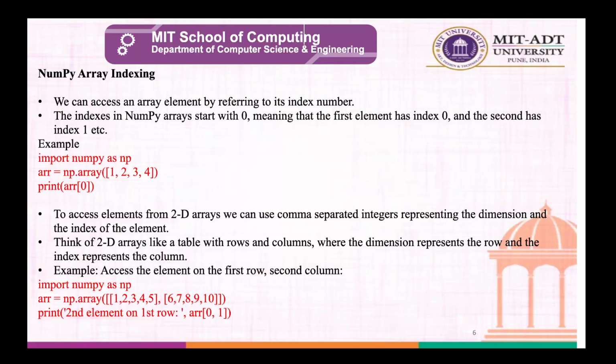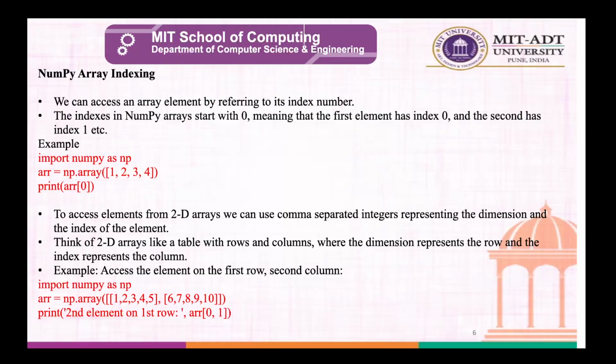To access an element from a two-dimensional array, again we use the slicing operation, and here we use comma-separated integers representing the dimension and index of the element. In this example, we have a two-dimensional array where the first row is 1 2 3 4 5, the second row is 6 7 8 9 10, and we want to display the second element of the first row.